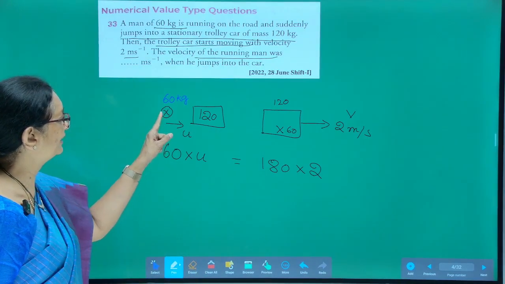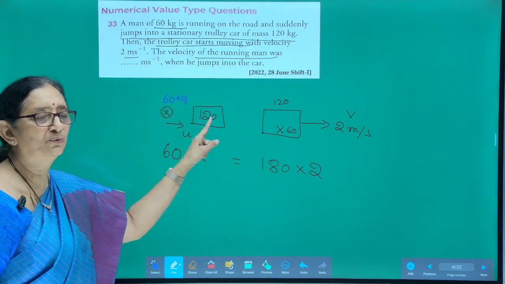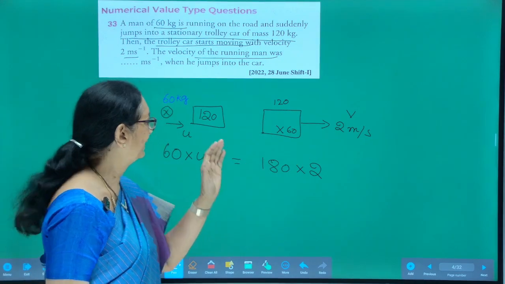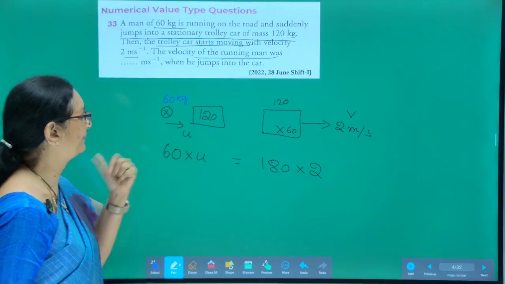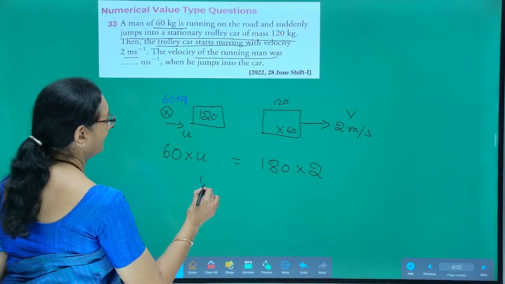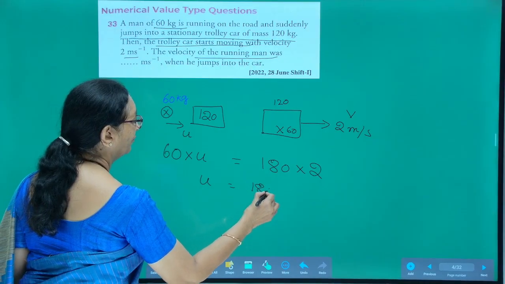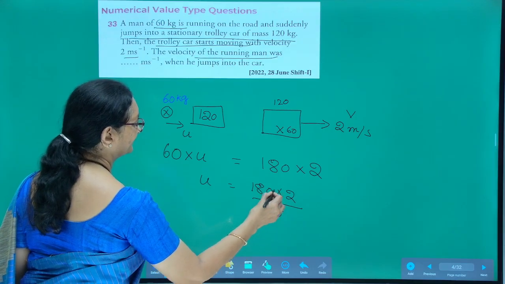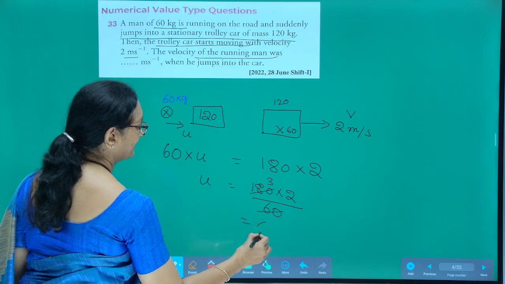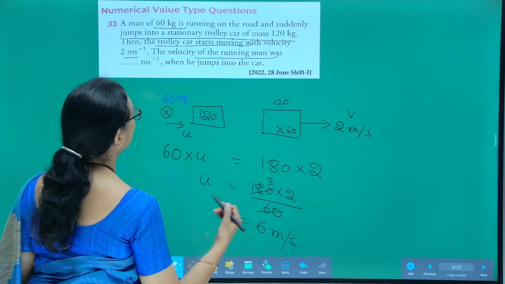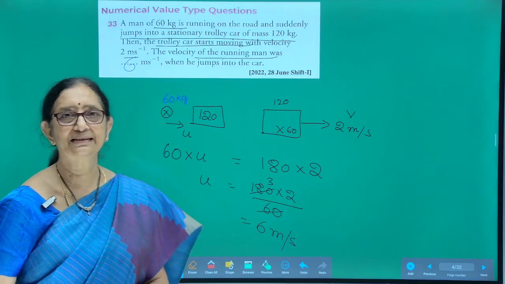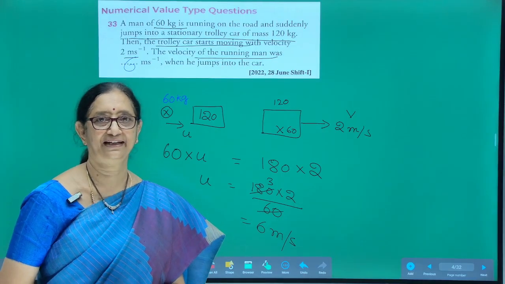So m1 u1 plus m2 u2 is equal to m1 plus m2 into v. As u2 is 0, we simply take this. So u is equal to 180 into 2 divided by 60, that is 6 meter per second. It is a numerical question, and the answer is 6 meters per second.